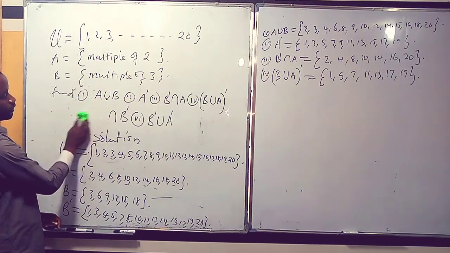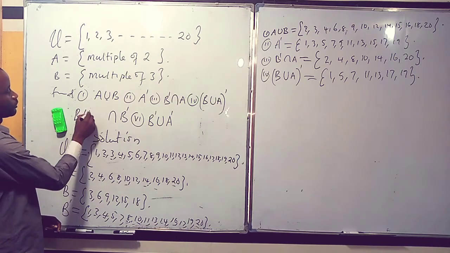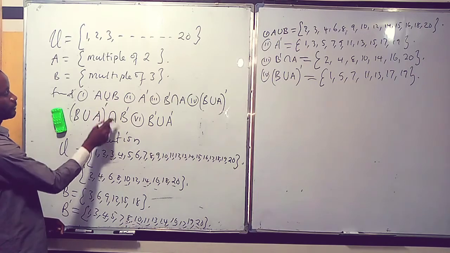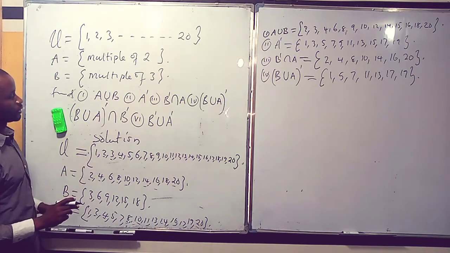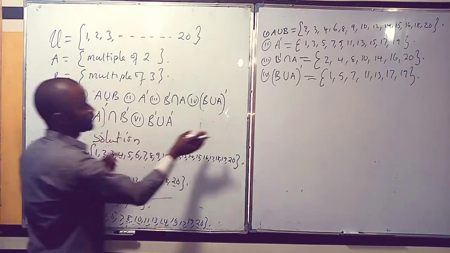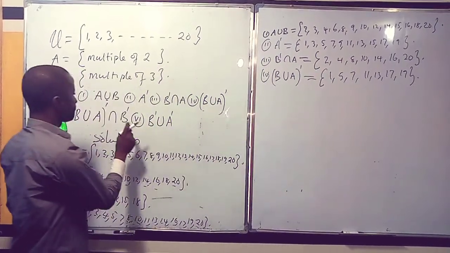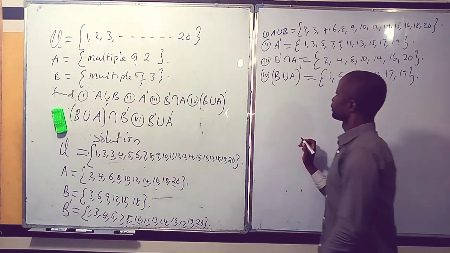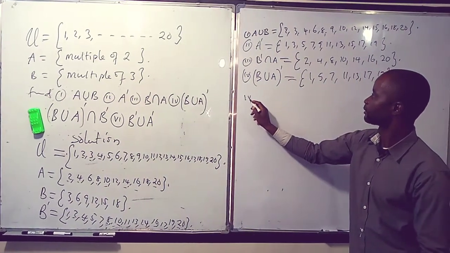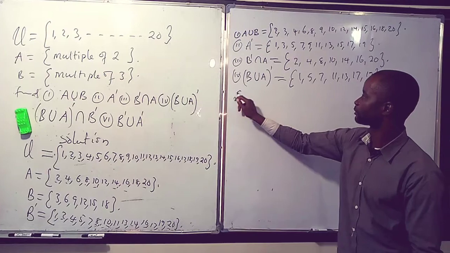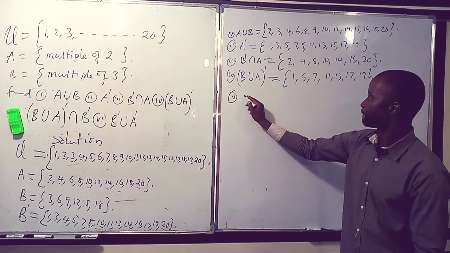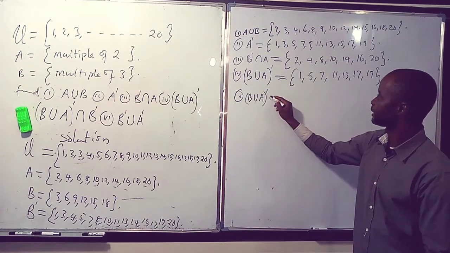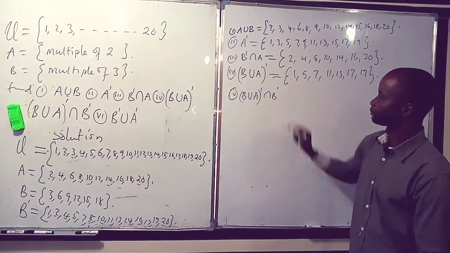Our next question now, which is the fifth question, is A union B prime intersection B prime, which simply means that you are going to compare this value and B prime.